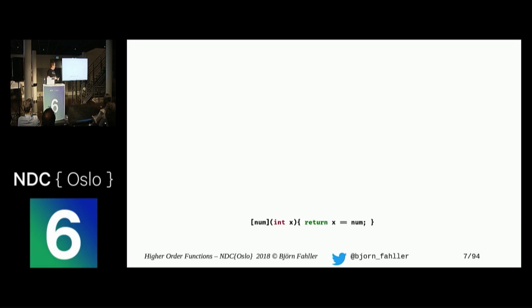What can we do to give this a name instead, to express intent? Well, I can make it a function. C++14 gave us the auto return type, which makes it easy to return lambdas.